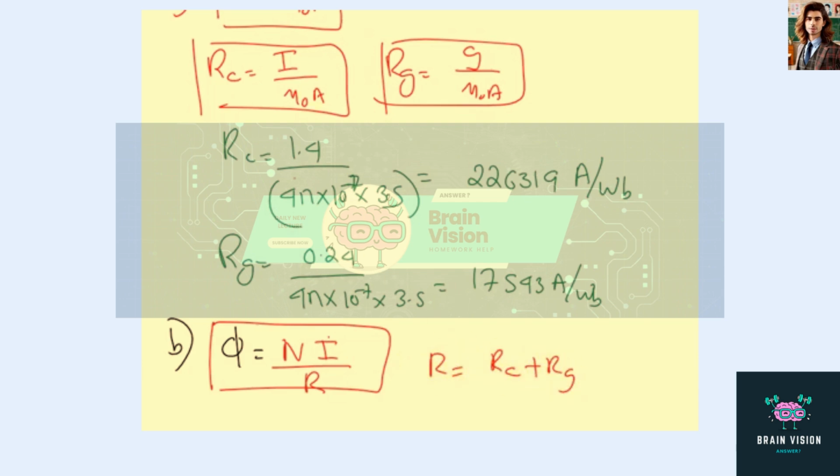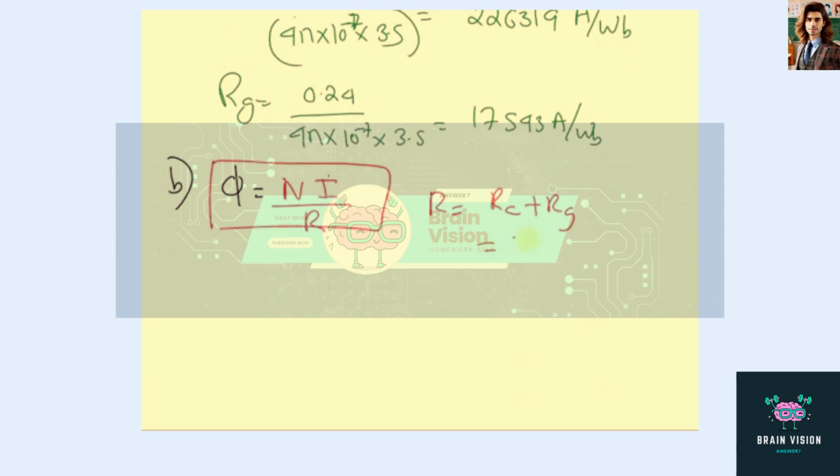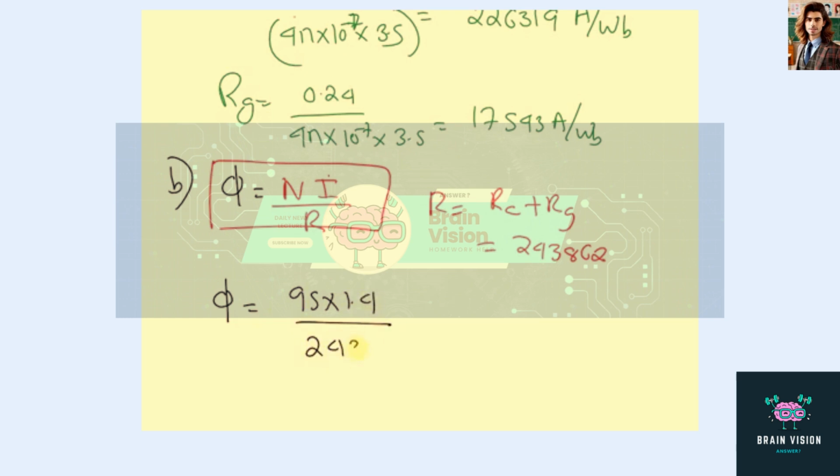So you will get the total R value of 243,862 when you add it. Now let's calculate the flux: N, which is 95, times 1.4, divided by 243,862. So you will get 0.000547 Weber. That is the flux.